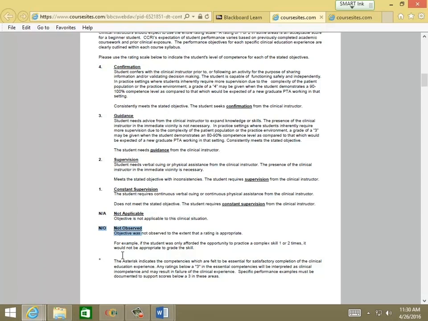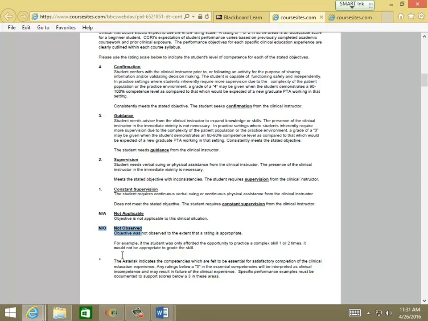If you watch the student perform a goniometric measurement maybe only once or twice between the start of the clinical and the midterm, well, it would stand to reason that you'd be giving the student supervision during that activity because it's only the first or second time that they had performed the skill. Perhaps they performed it correctly, but you didn't see them perform it consistently enough to feel that a grade of 3 or 4 was justifiable.